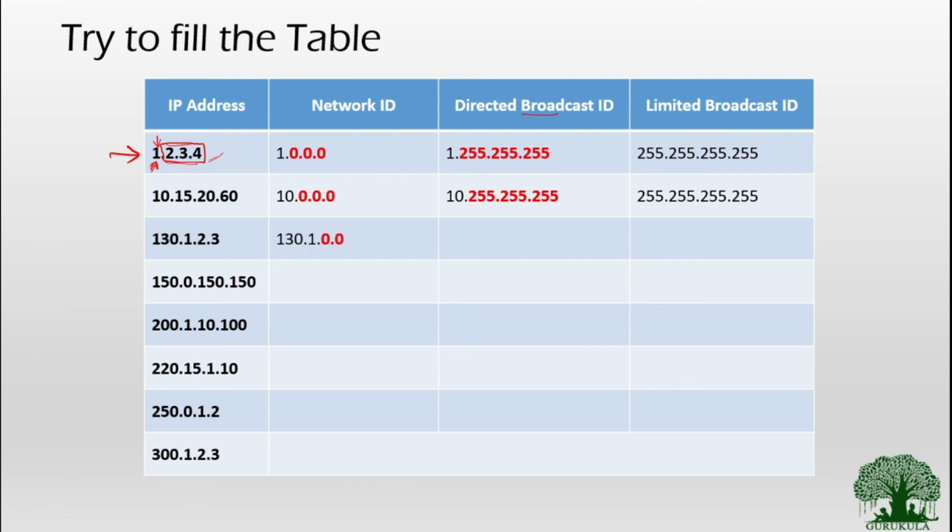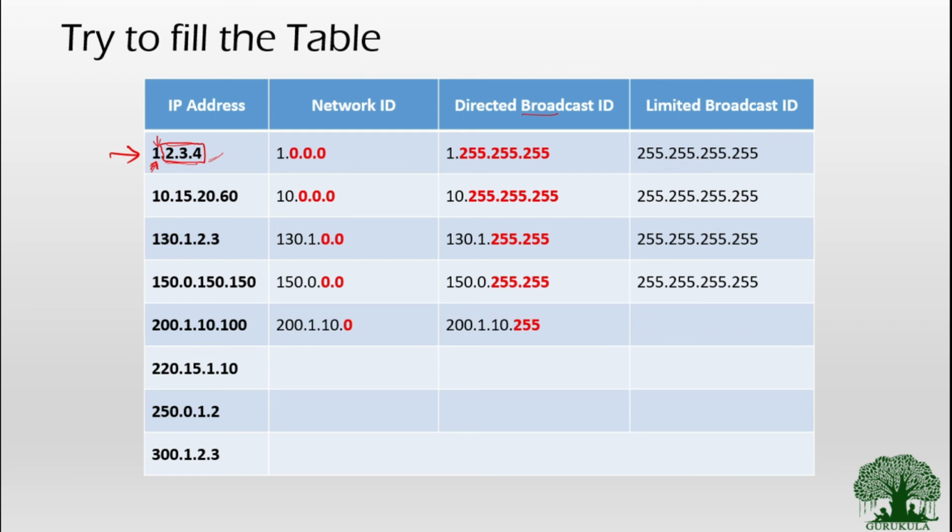Next comes 130. 130 belongs to class B, so 130.1 has to be kept constant, and then the network ID is like this, the directed broadcast is this, and the limited broadcast is like this. Now I will reveal the answers for all the rows so that you can have a clear understanding of what directed broadcast is and what limited broadcast is.